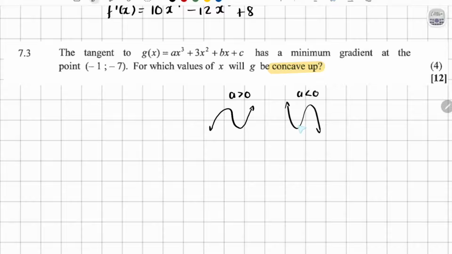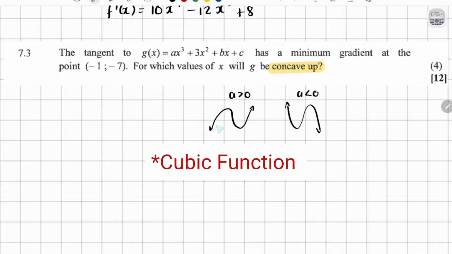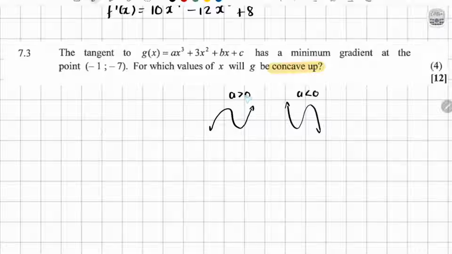Okay, now that we have these two, because they speak about the gradient, they say it has a minimum gradient. Just remember, if you have this type of curve, something that looks like this where a is greater than 0, if you derive this cubic function, you're going to end up with a parabola that is concave up because the a value was greater than 0.